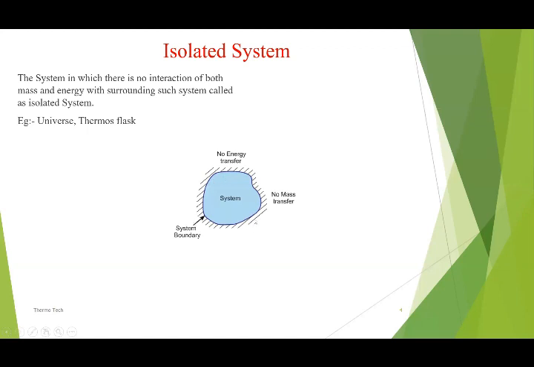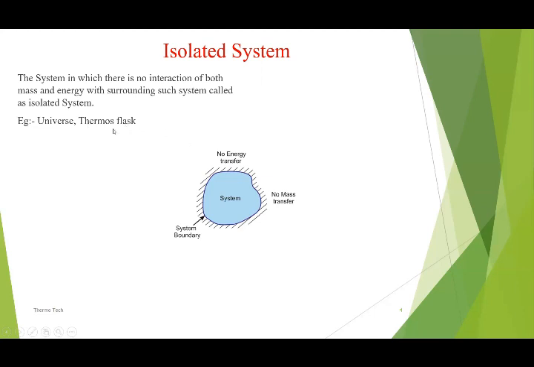You can see here that we have a system separated from the surroundings by the system boundary wall, and it is 100% insulated. When you take the universe as an example of an isolated system, there is no outside environment where interaction of mass and heat can take place. In the same way, we can give the example of a thermos when it is 100% insulated, right?